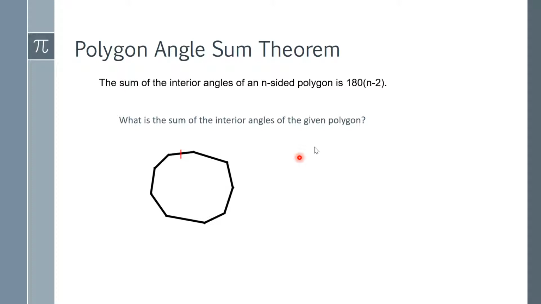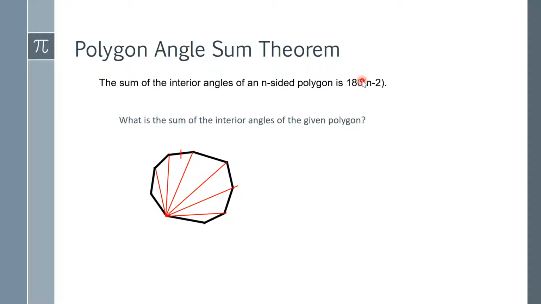With this formula, we pick one vertex and draw all of the diagonals that we can from that one vertex to figure out how many triangles we can draw on this object. Here are our diagonals, and we have 1, 2, 3, 4, 5, 6, 7 triangles formed.